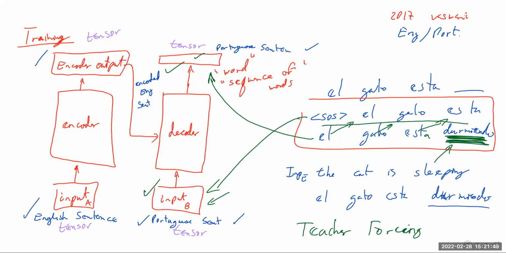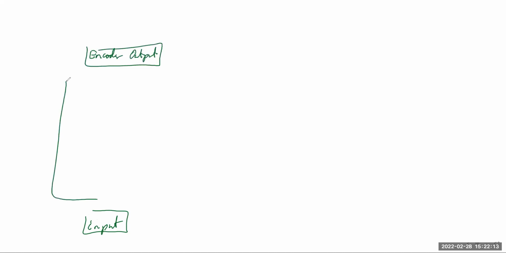All right, so I did this from a very high level, right? Just the inputs and the outputs. So now you might ask yourself, what is in these encoders and decoders? Because I said there's an input, there's the encoder output, and then there's this encoder itself.